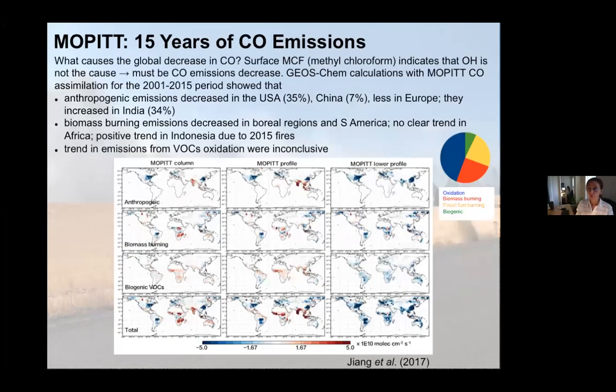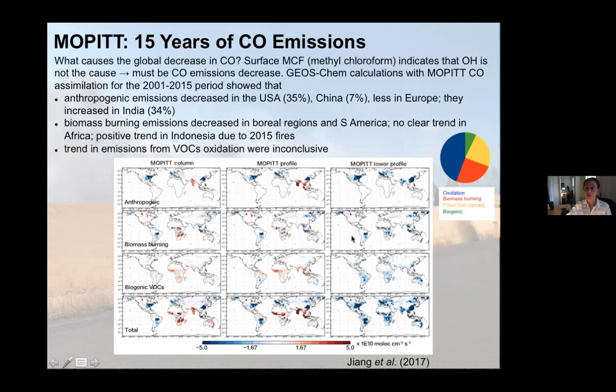So we can go one step forward and say, okay, so now we know that CO is decreasing, but why is it decreasing? Is it because there is less biomass burning or less human emissions, or what is it? You probably remember this from one of the early slides where we have the relative importance of biomass burning, human emissions, anthropogenic emissions, oxidation and vegetation.